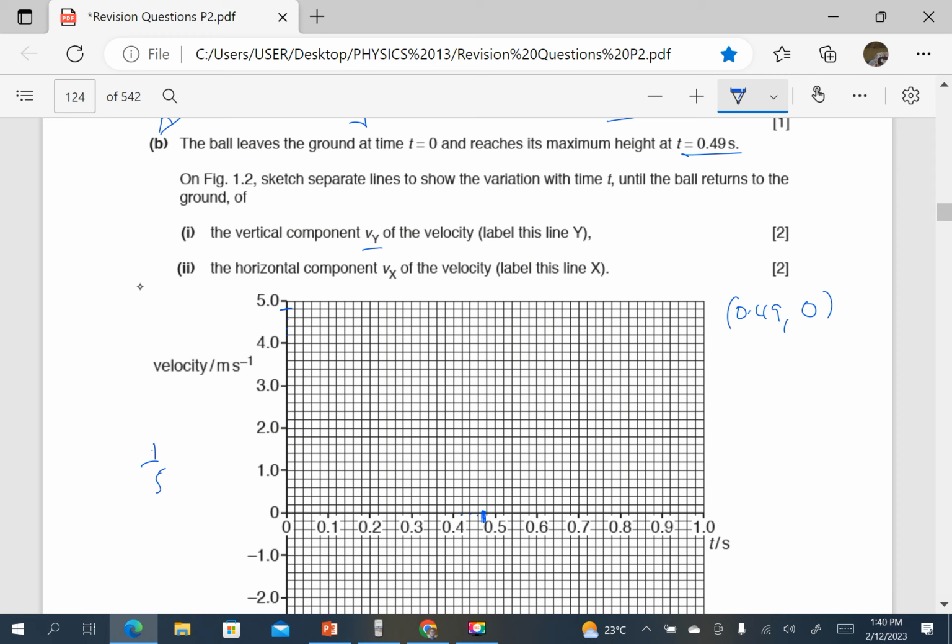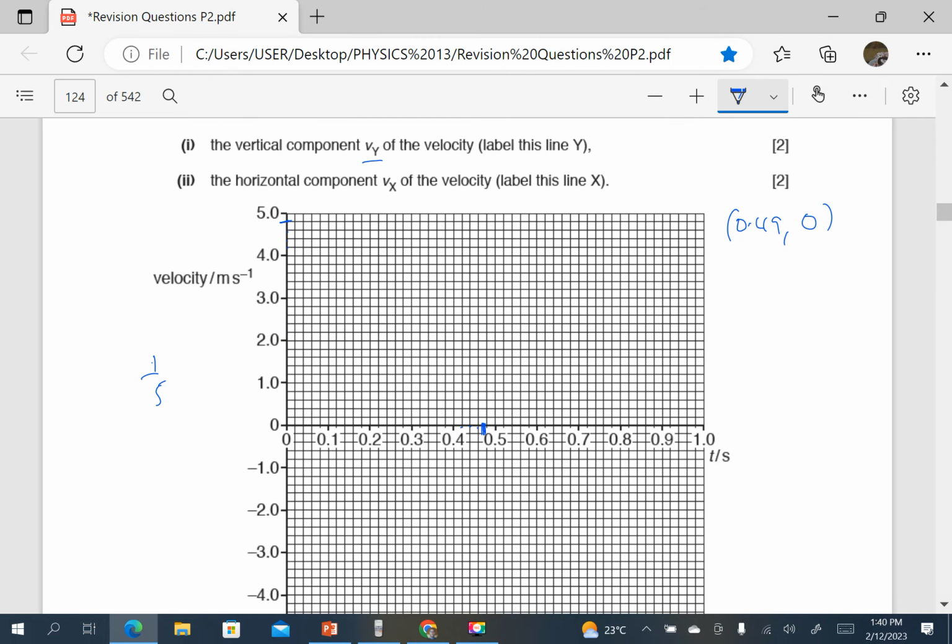Then we may find the time. What time do they want? Sketch separate lines to show the variation with time t until the ball returns to the ground. Of course, if it takes 0.49 to go upwards, we expect it to take another 0.49 to return. So 0.49 times 2.